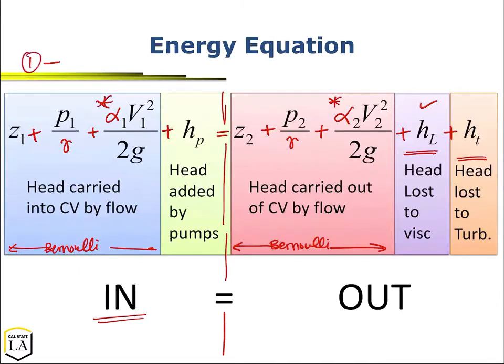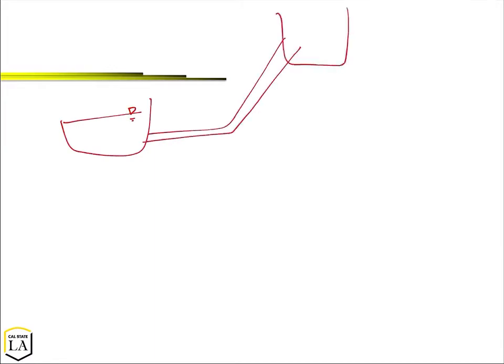Now, I want to make sure you understand what this means. If you have a configuration, let's say you're going from here to here, from 1 to 2, and let's say you have a pump.